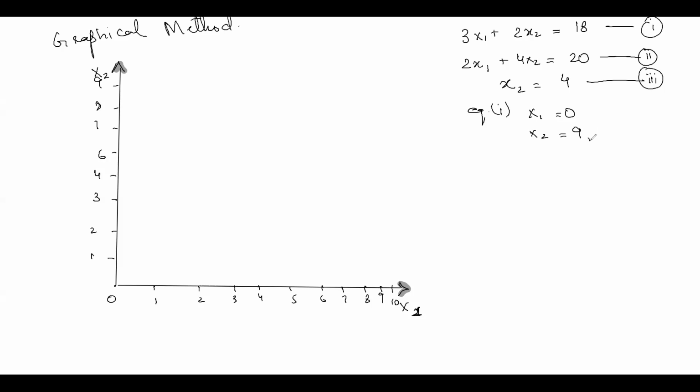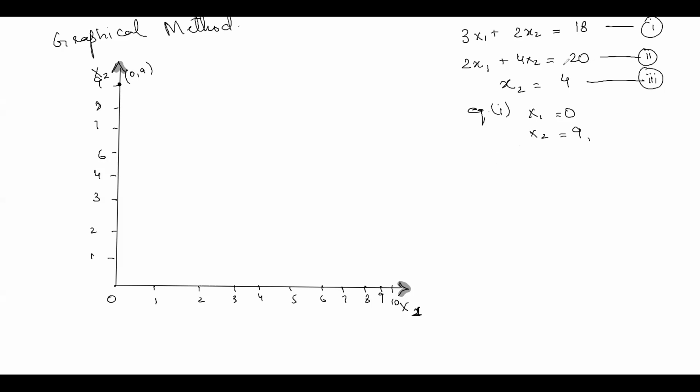We just put x1 equal to 0, so this whole thing becomes 0, 2x2 equals 18, which means x2 equals 9. So there's a dot here, and this point is (0, 9). So we have one solution.